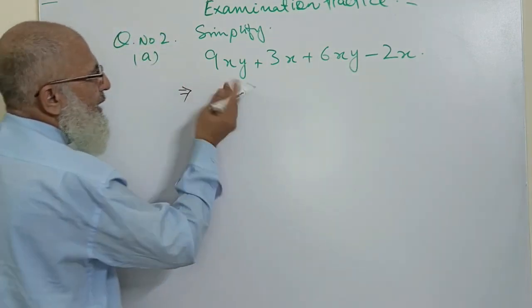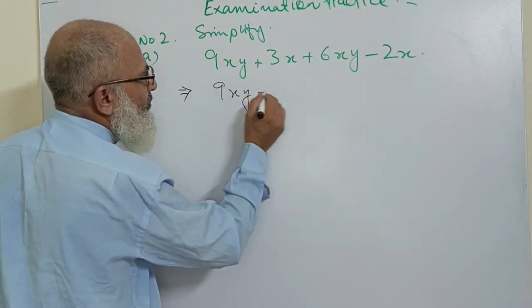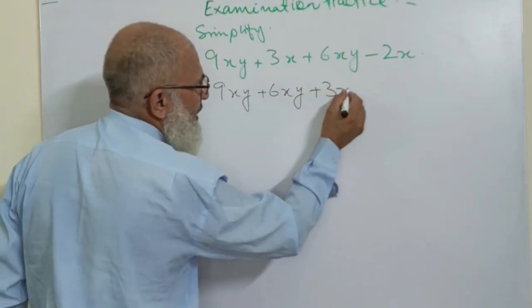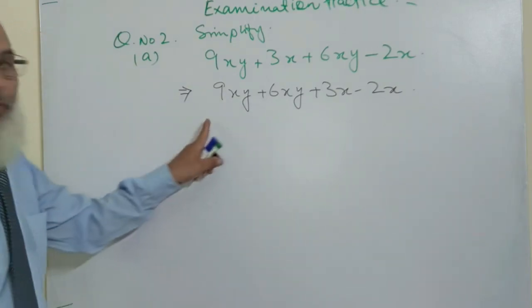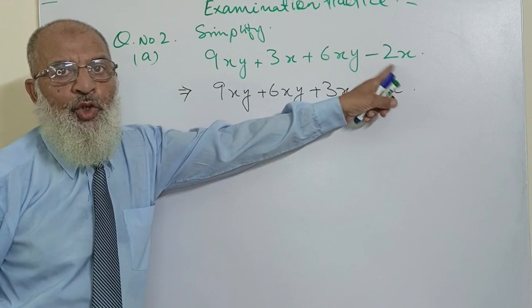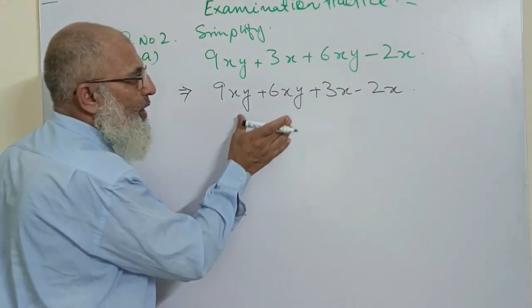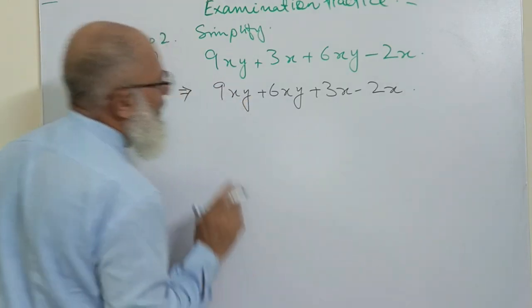So let me collect them at one place: 9xy plus 6xy plus 3x minus 2x. Now, this is an optional step. You can directly solve it from here, but it will be easy if you arrange the terms in this manner.